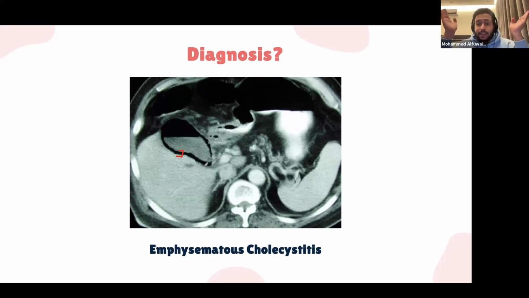You keep the patient NPO, IV fluids, analgesics to relieve the pain, antibiotics as well, antipyretics to decrease the fever, and a nasogastric tube to decompress the stomach and decrease the amount of food that's there so you don't stimulate the gallbladder. All of these, okay? And then you assess the patient. The gold standard management of cholecystitis is what?